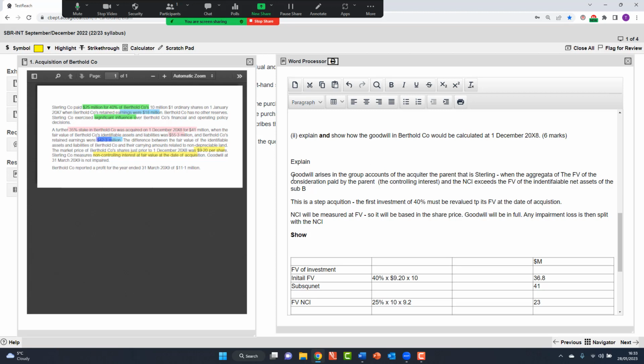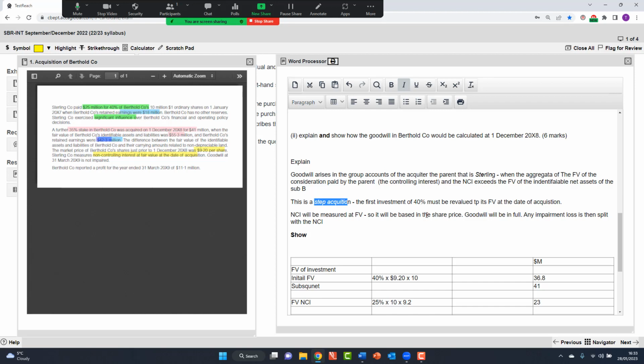You can't just regurgitate the definition of goodwill. You're explaining it in the context of Sterling. You're picking up the fact that it is a step acquisition. And you're explaining that with a step acquisition, you're revaluing that first investment. We've already talked about the impact in the P&L already.